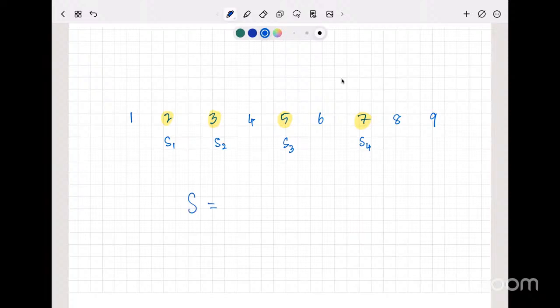So let's say S is 2, 3, 5, 7. For the purposes of extracting a permutation out of S, I'm going to think of the positions as being, okay, so S is an arbitrary subset, and we are going to write down the elements of this subset in increasing order.